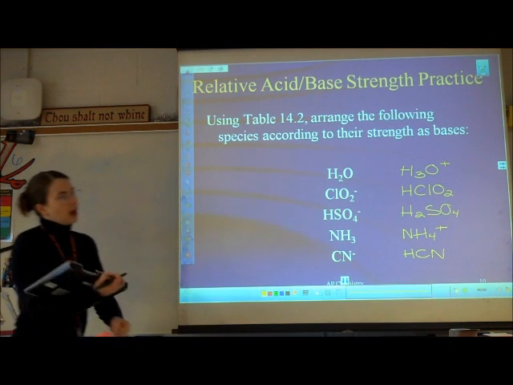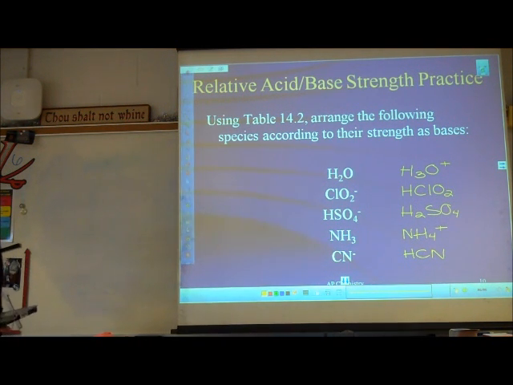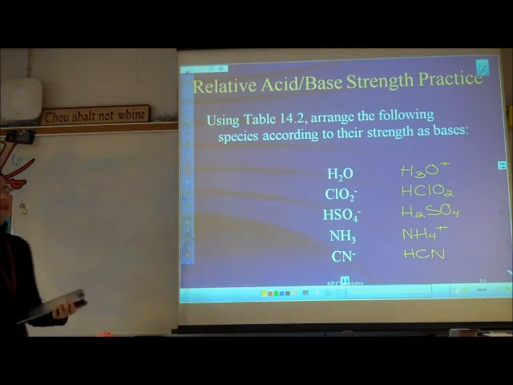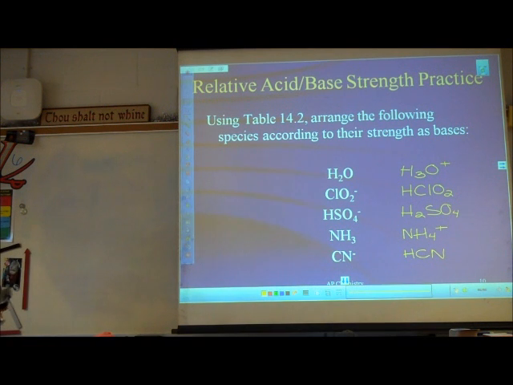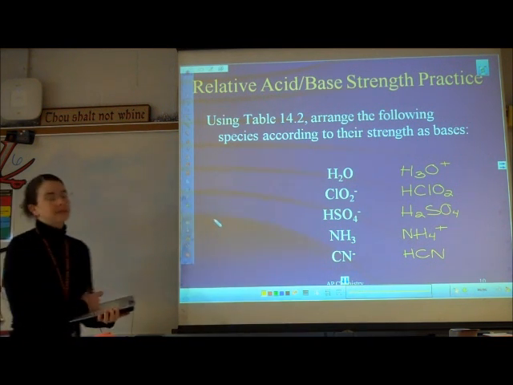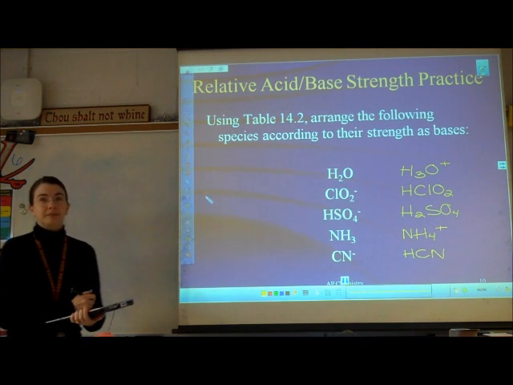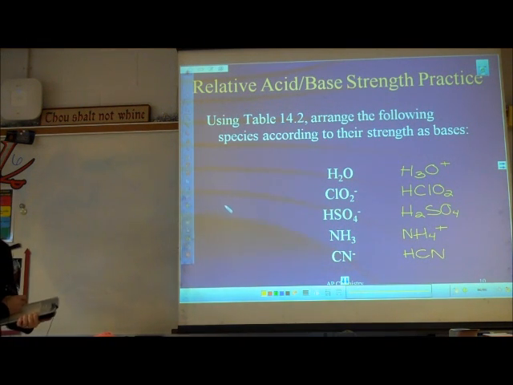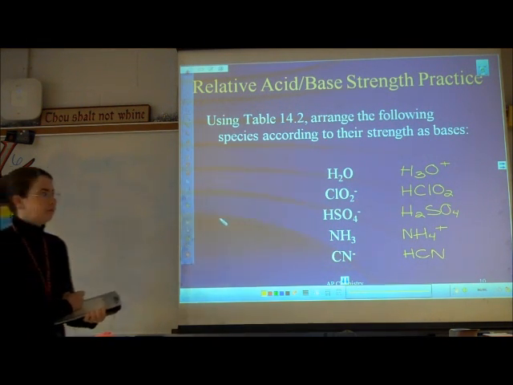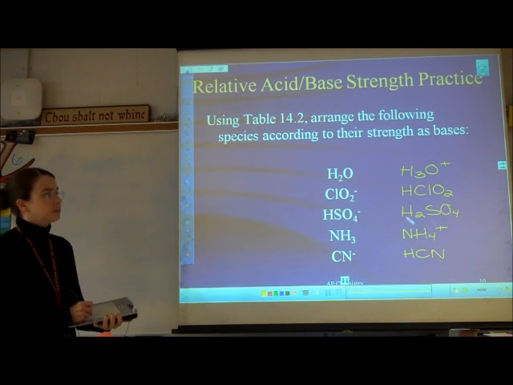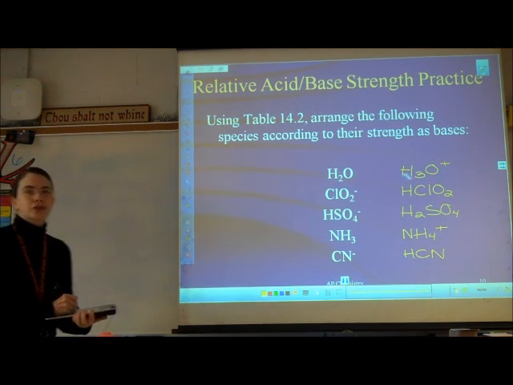I want you to look at our list of acids that I've written in yellow. Are any of these in our 6 strong acid list? Yes or no? Yes. Which one? Not HClO2. Sulfuric. That is one of our 6 strong acids.